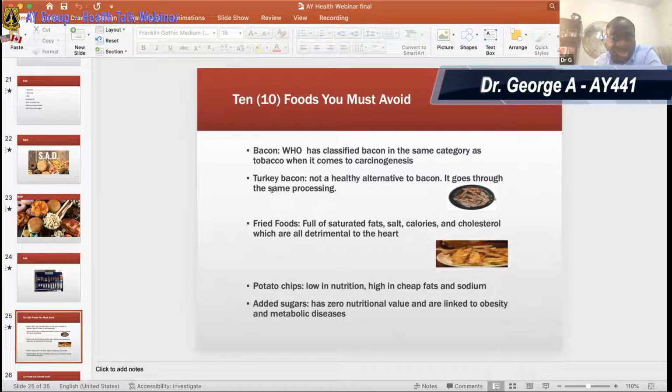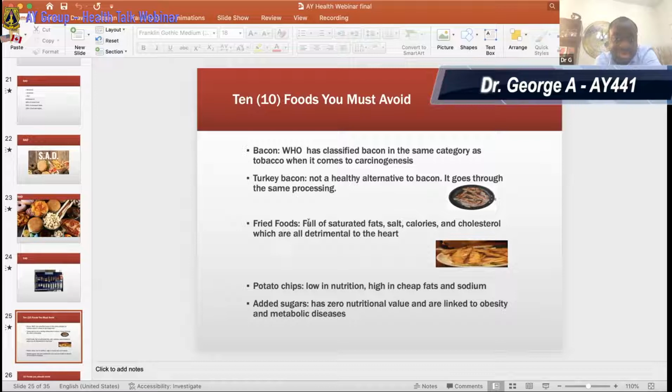Then we can talk about fried foods. Our food here in America is mostly fried foods, and mostly it's commercial. Even if you do it in the house, it's still not good. But if you buy it from outside, it's fried in very bad cheap oils, right?